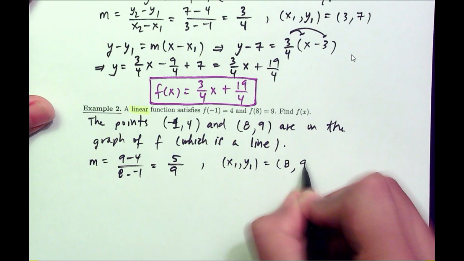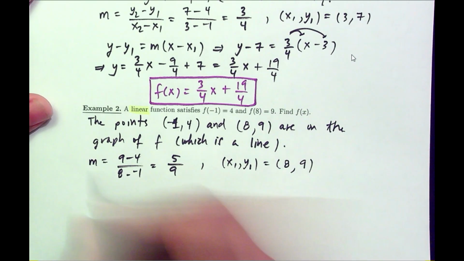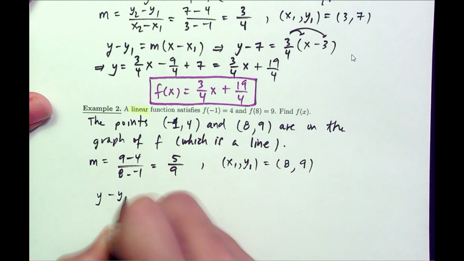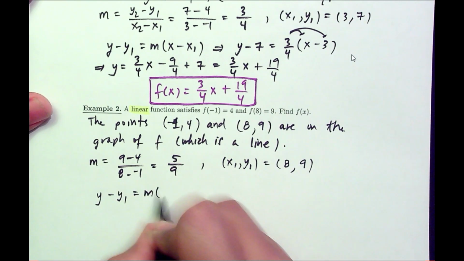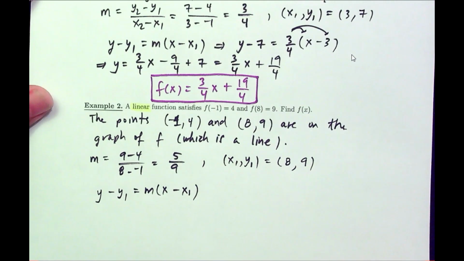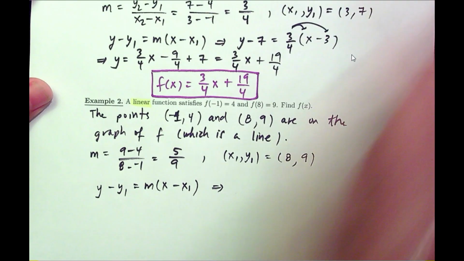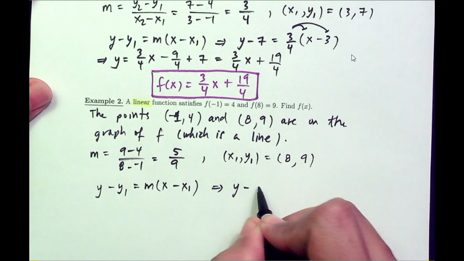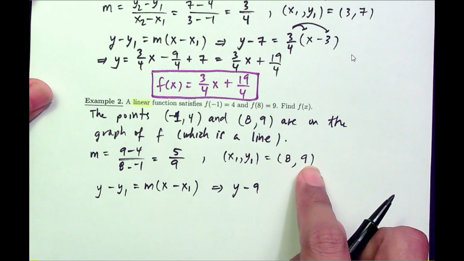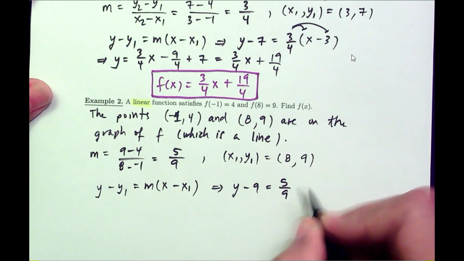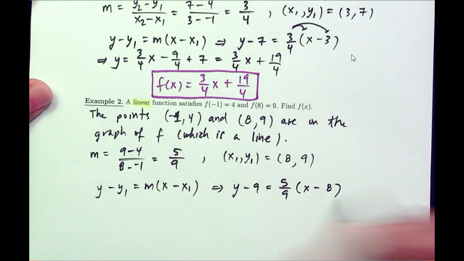So 8 and 9. All right, so then let's plug in. So you're going to get y minus y1 equals m times x minus x1. That's a formula that you're supposed to know. Plugging in my numbers, we're going to get y minus 9, y1 is 9, x1 is 8, equals 5 over 9 times x minus 8.